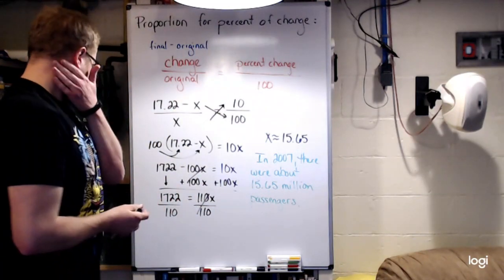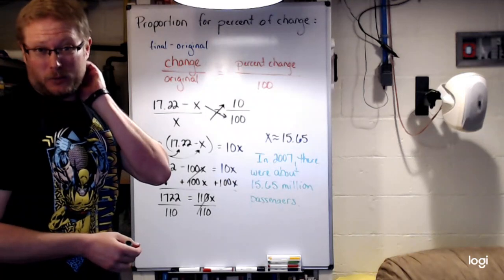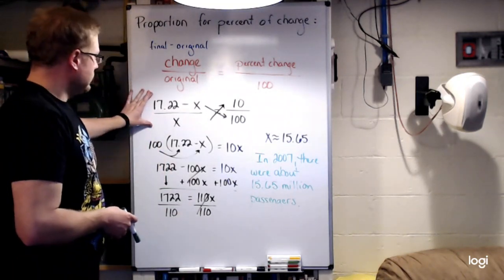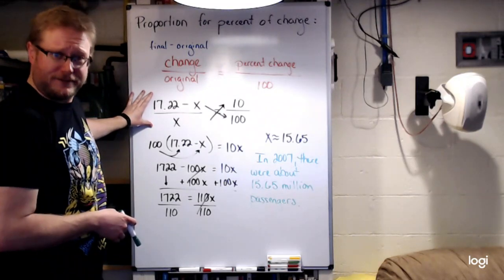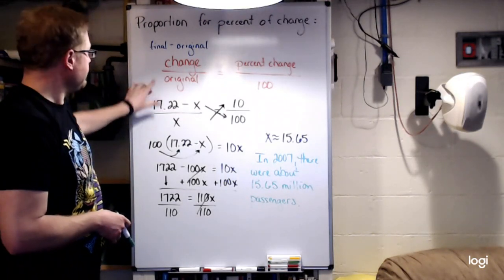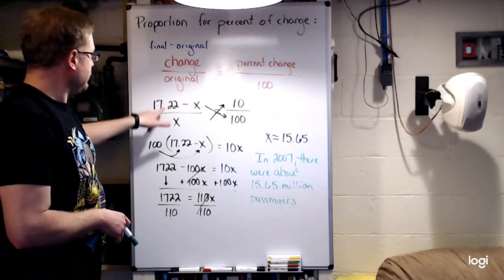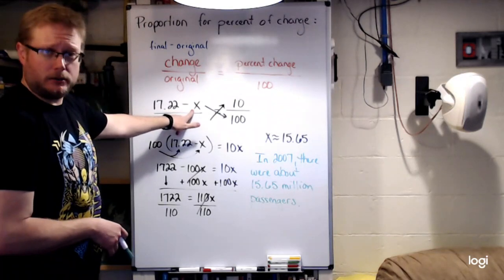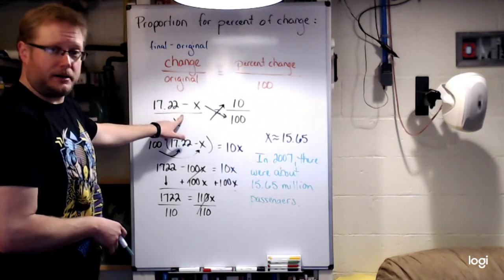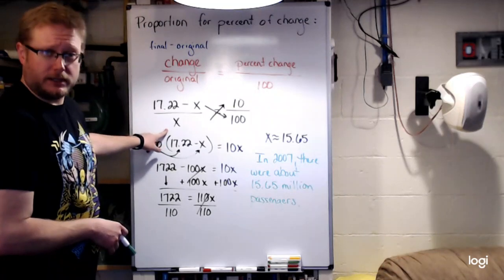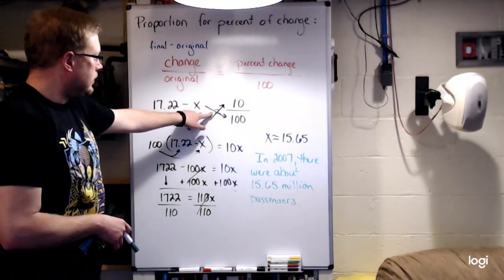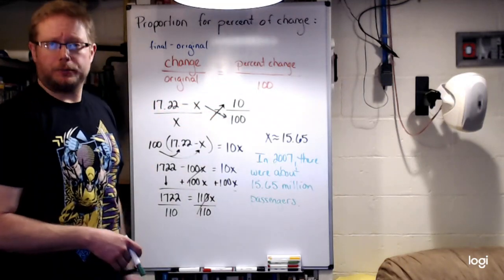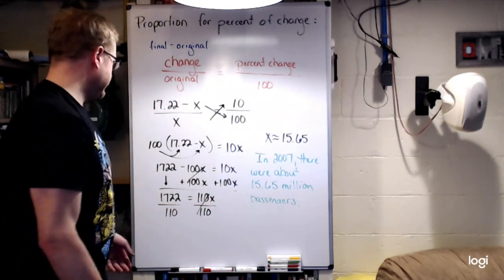I know we just did a lot, but it really wasn't a whole lot different than what we've done in a previous lesson. Took what we were given, our facts, plugged it into our proportion. Final minus original. Final amount was 17.22 minus original, which we didn't know, so we dropped in a variable, divided by original, which we still didn't know, so we drop in a variable, equals percent of change, which was 10 over 100, which is always 100.